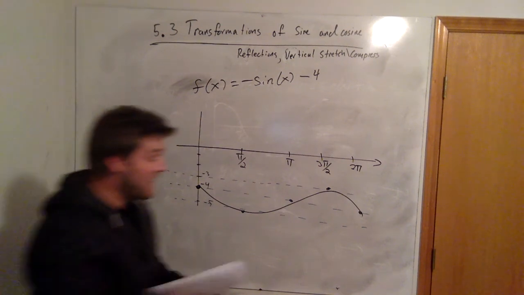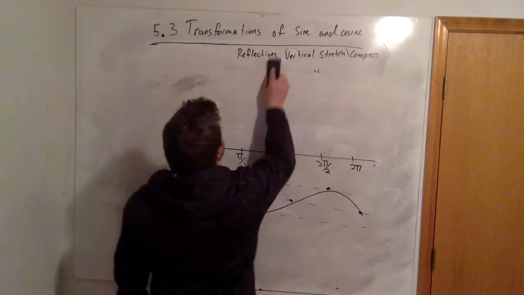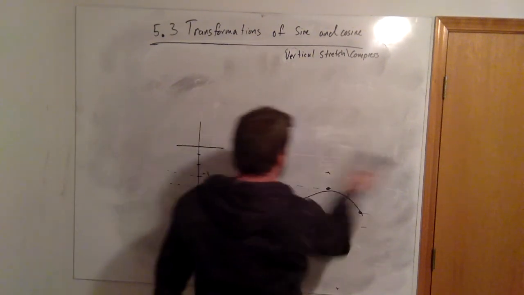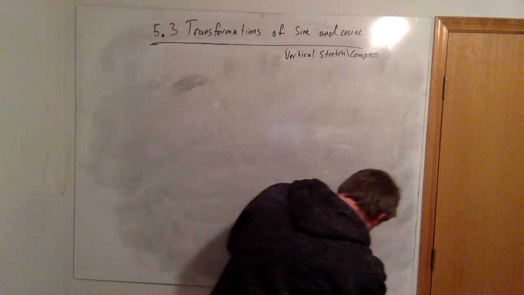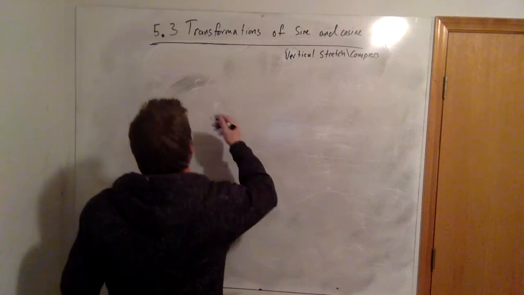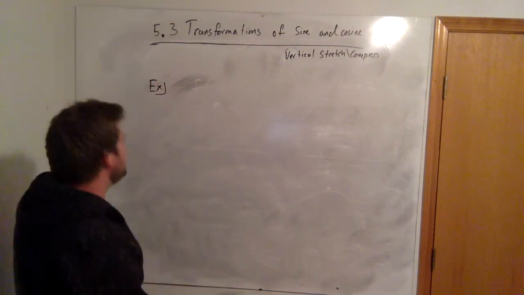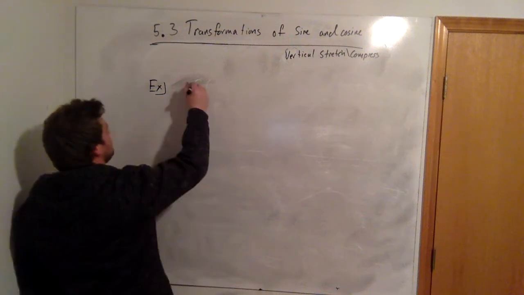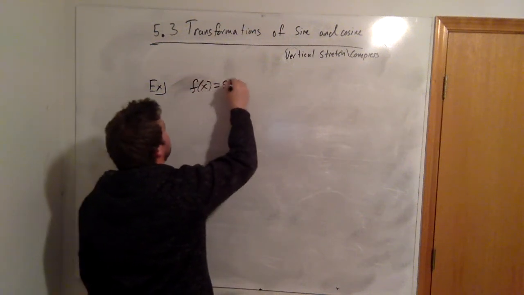Okay, let's talk about our last transformation that we'll do in this video. How do we vertically stretch and compress a graph? As an example, let's graph sine again. So f of x equals sine of x.